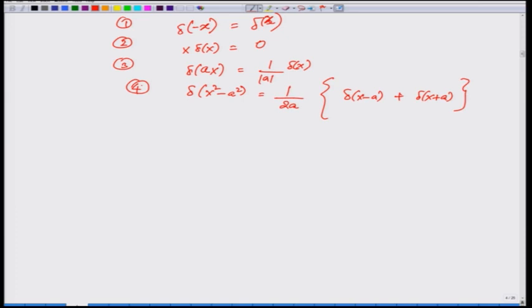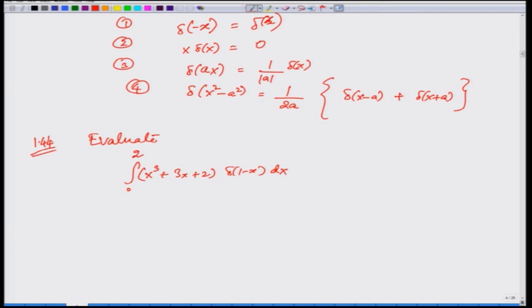Let us solve a question. There is problem number 1.44, which says: evaluate the integral from 0 to 2 of x cube plus 3x plus 2 times delta of 1 minus x dx. How will you solve this question?